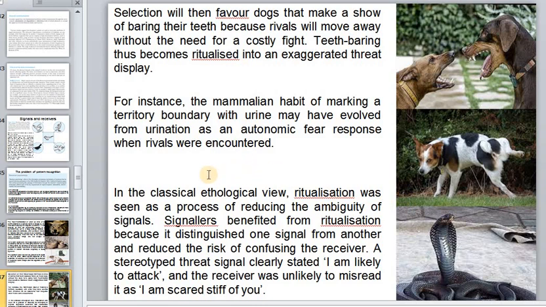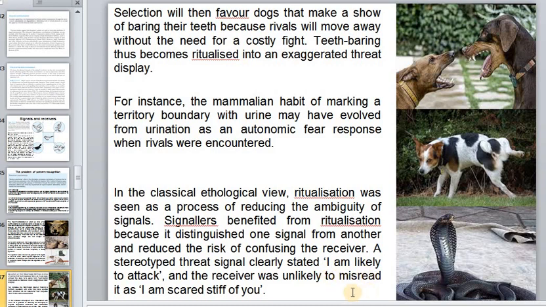And in the classical ethological view, this ritualization was seen as the process of reducing the ambiguity of signals. Signals benefit from ritualization because it distinguishes one signal from another and reduces the risk of confusing the receiver.